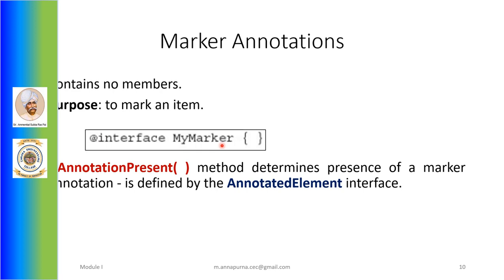Thus, its presence as an annotation is sufficient. Since a marker annotation contains no members, simply determining whether it is present or absent is sufficient. Therefore, the best way to determine if the marker annotation is present is to use the method isAnnotationPresent, which is defined in the AnnotatedElement interface.